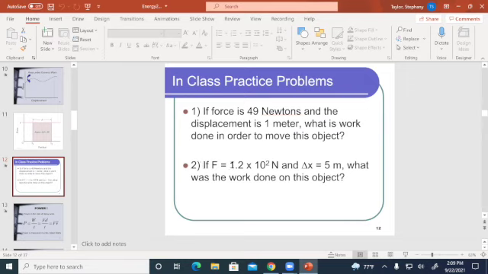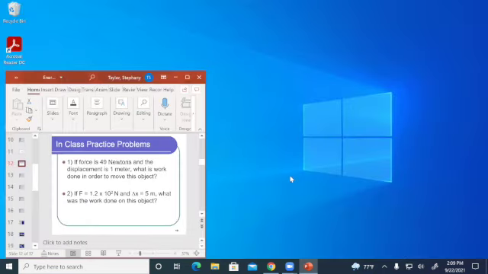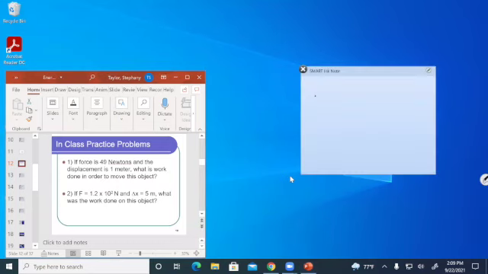If force is equal to 1.2 times 10 to the second power newtons, and the displacement along the x-axis is 5 meters, what was the work done on this object? I'll show you the setup for the equation. This one is number 2. Dealing with work, which is equal to force times distance, we have our force, 1.2 times 10 to the second newtons.